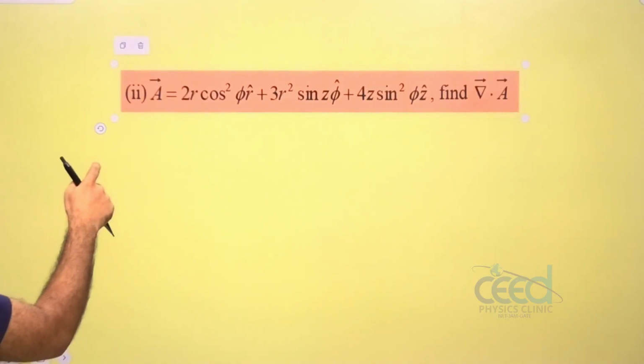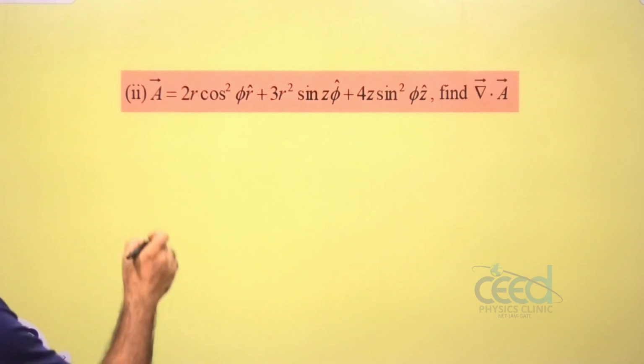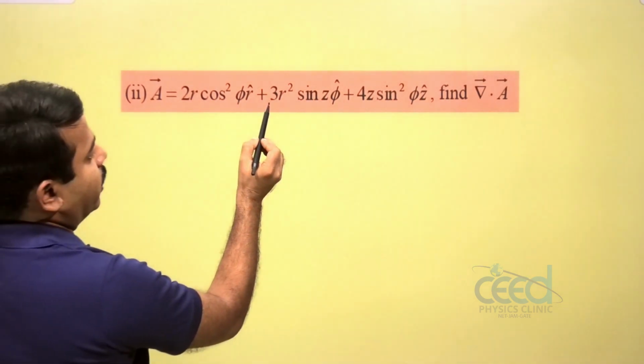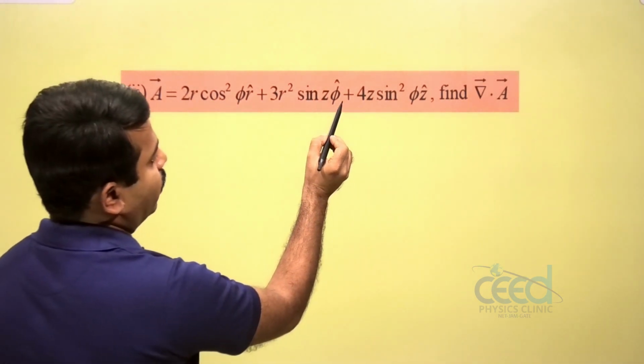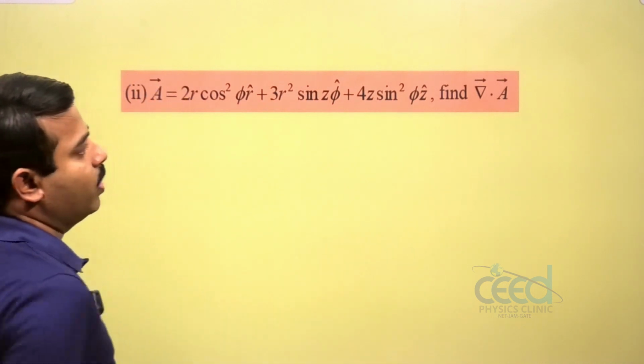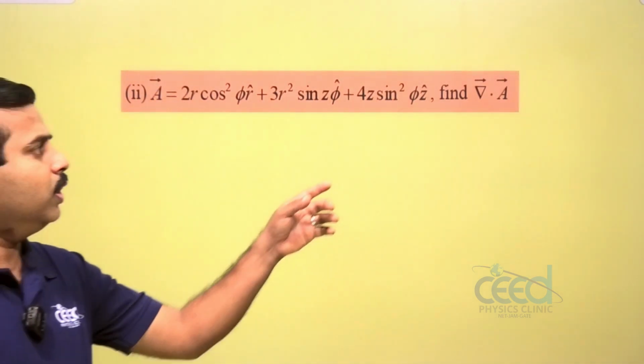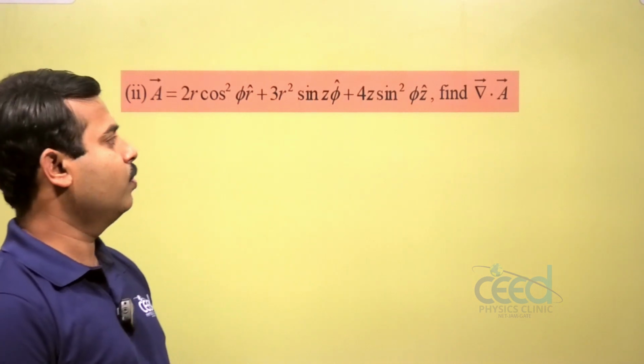So here this is the question given. A is equal to 2r cos square phi r cap plus 3r square sin z phi cap plus 4z sin square phi z cap. So divergence of A we want to find.